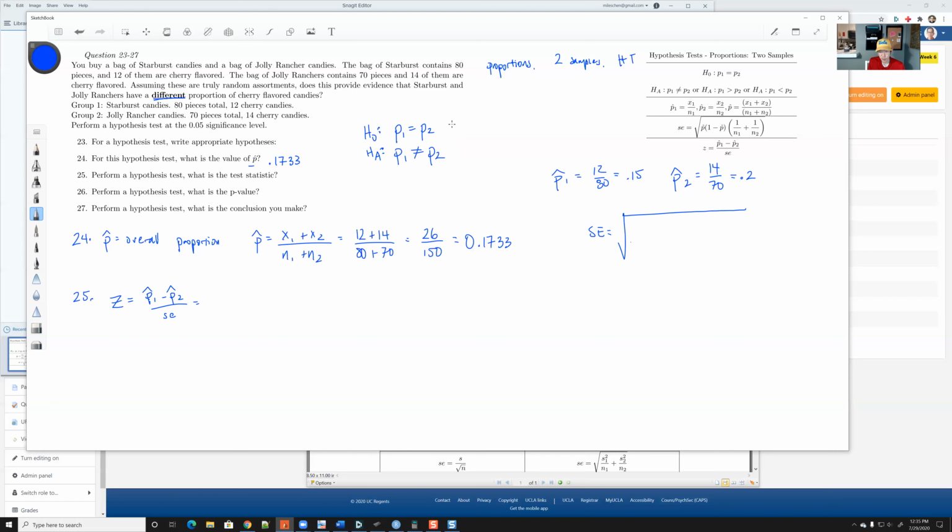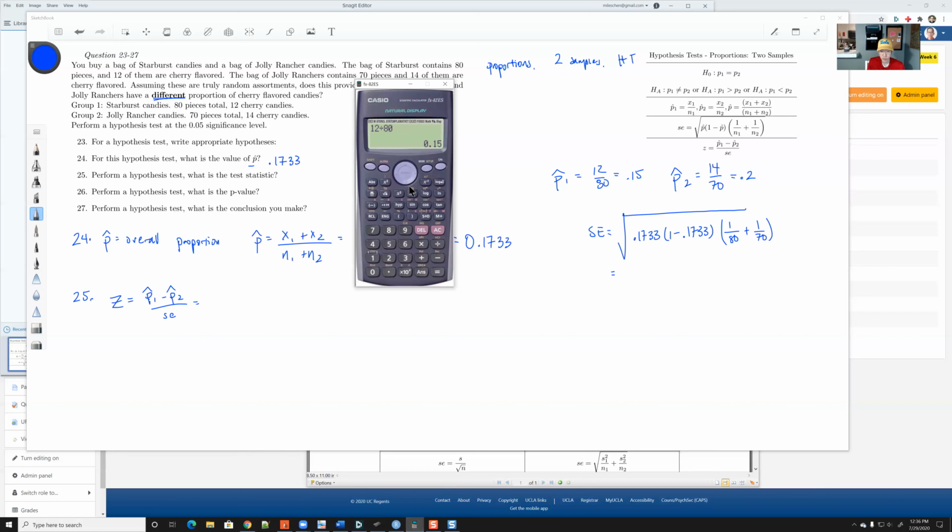The standard error is going to be 0.1733 times 1 minus 0.1733, times 1 over n1, which is 1 over 80, plus 1 over n2, which is 1 over 70.